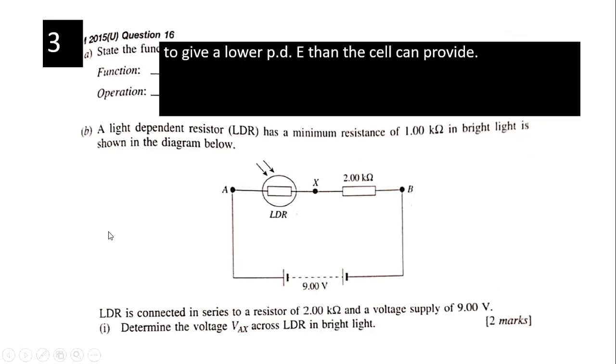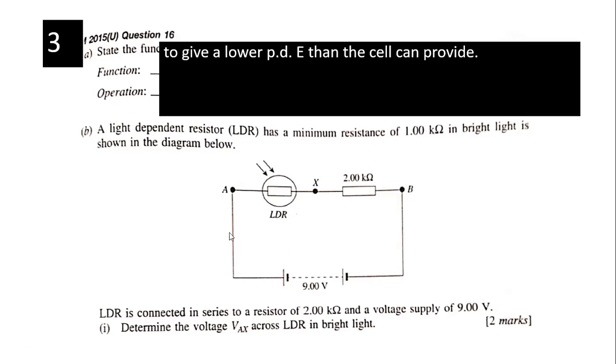To give a lower PD, potential difference. Yeah, lower PD. What's the E? E is EMF, the EMF of the cell. Okay. To give a lower PD, I think there's something wrong with this sentence.